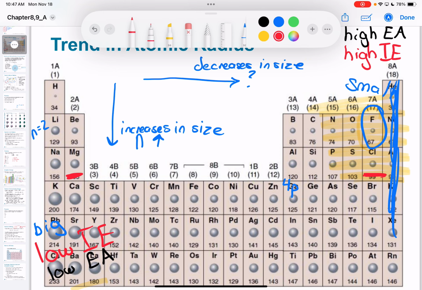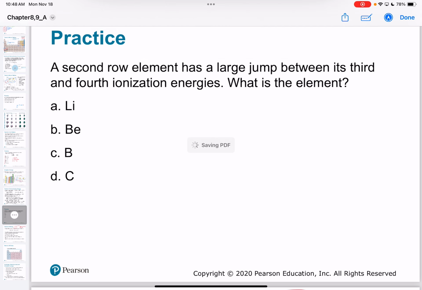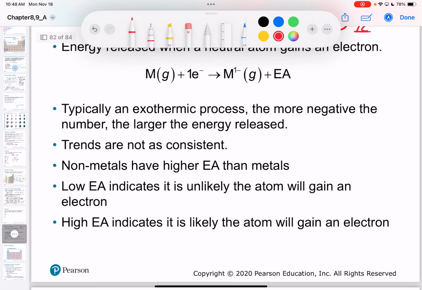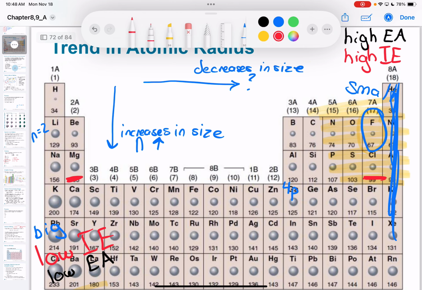Okay, so it was Mg and Cl minus, not Mg2 plus or something. Okay, so the shell is the same. Even though it's Cl minus, it gains an electron, it's still at n equals 3.